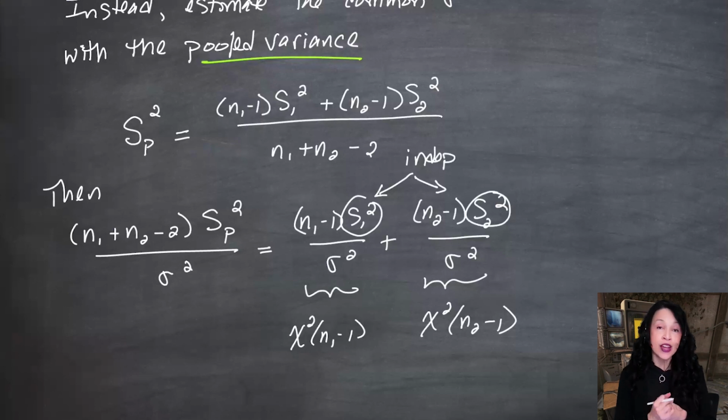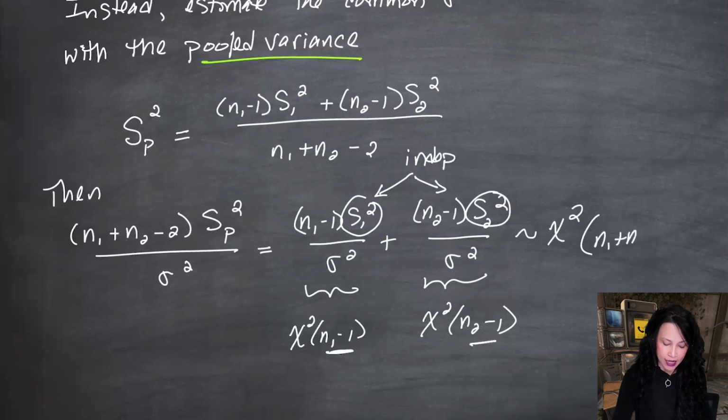And we know that if you add independent chi-squareds, you get another chi-squared, and the degrees of freedom comes from adding the original degrees of freedom. So this whole thing is chi-squared, and if I add these, I get n1 plus n2 minus 2. So, something nice that we know the distribution of.